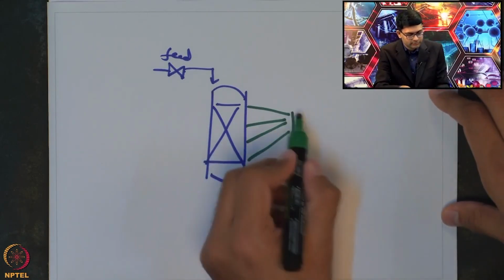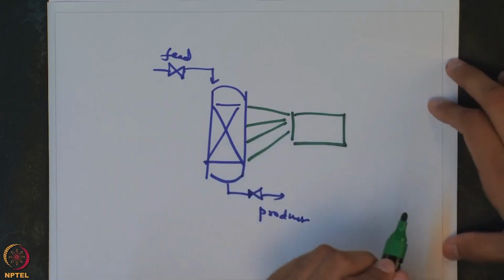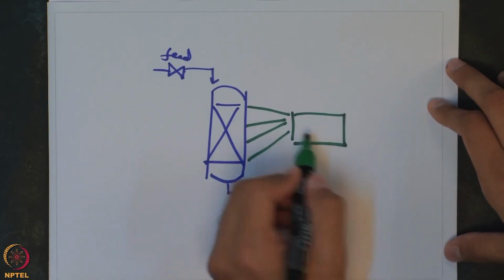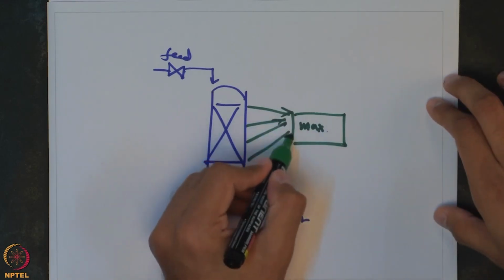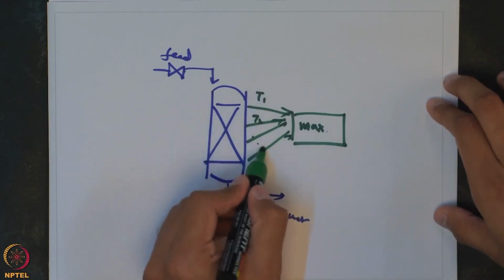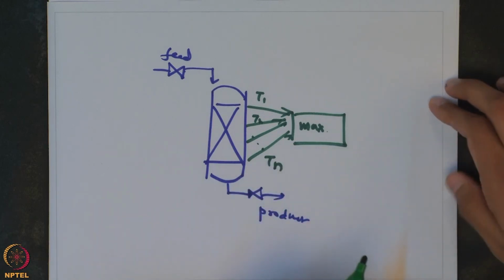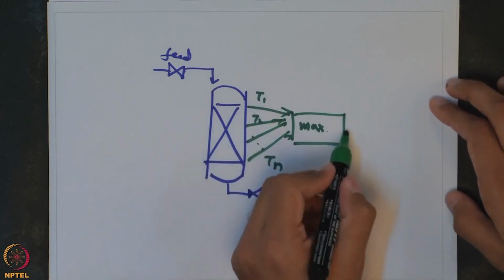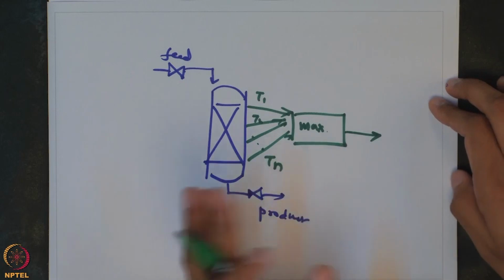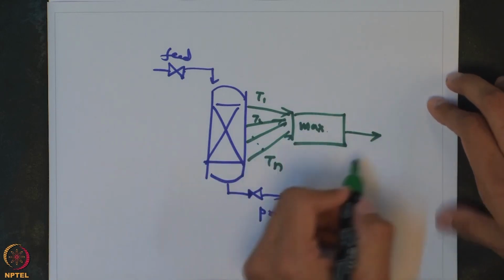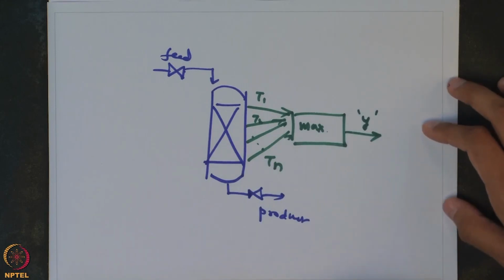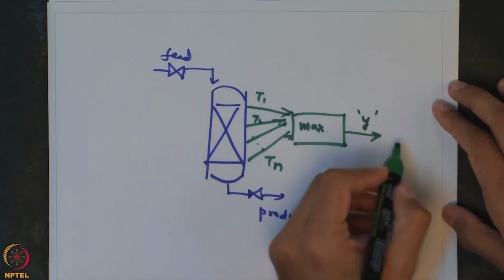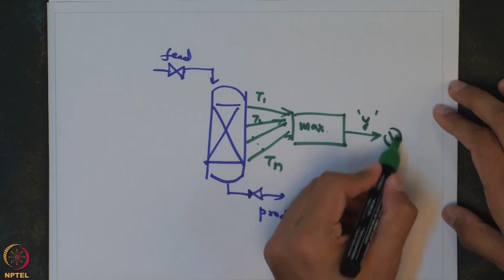All these would go to an auctioneering control, which in this case finds the maximum out of all these measurements. So let us say this is T1, T2 all the way up to Tn. So you have n measurements. Out of that it will find whatever is the maximum measurement, which gives you an idea about the hotspot, and that will be used as the measurement of the controlled variable, and eventually you will have a control strategy around that.